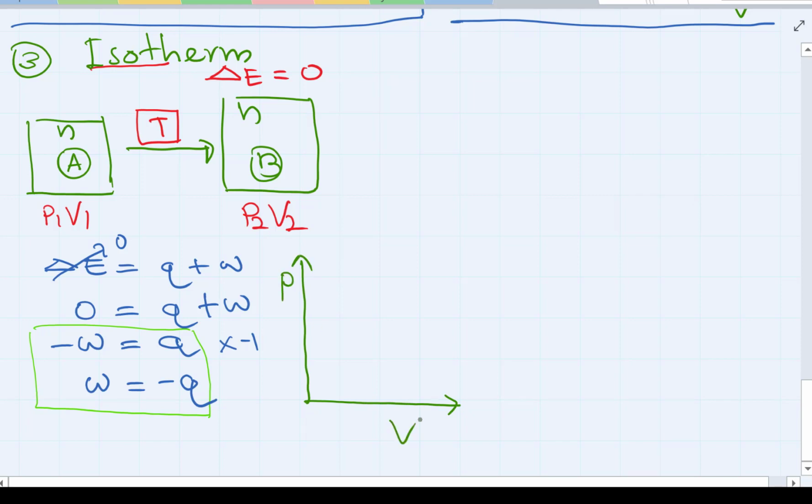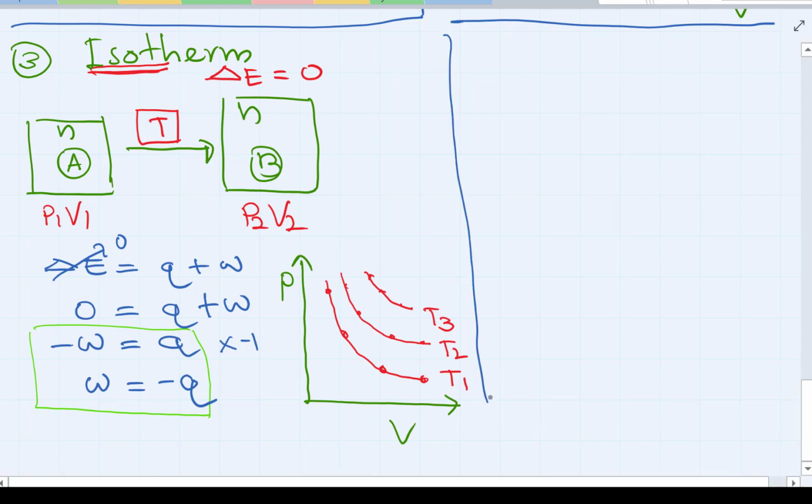Now the PV diagram, the more important thing, is pressure versus volume. This is basically Boyle's law. T1 is one isotherm, T2 is another isotherm, T3 is another isotherm. We can draw different isotherms here at different temperatures, 20, 30, 40, likewise. That's the isotherm.